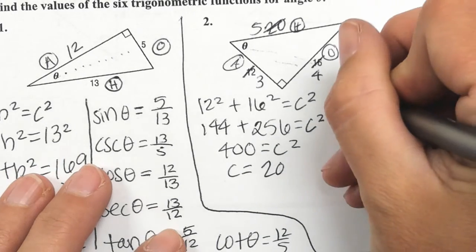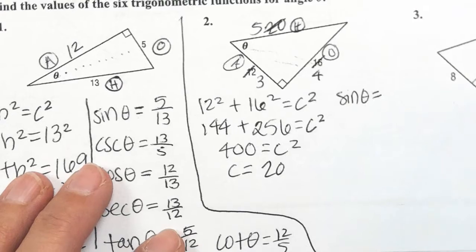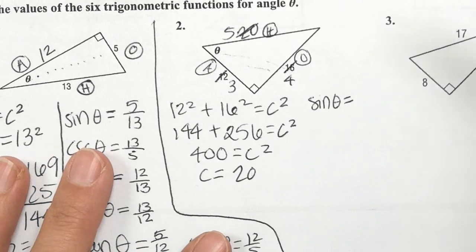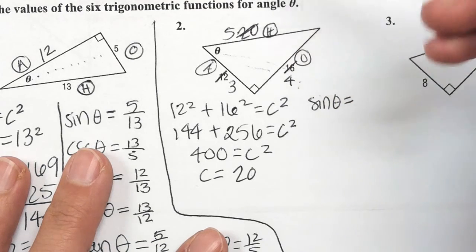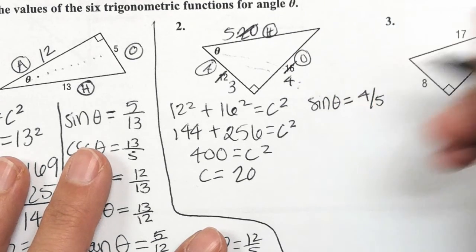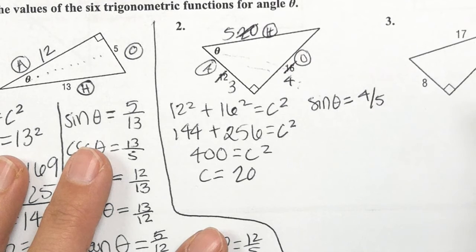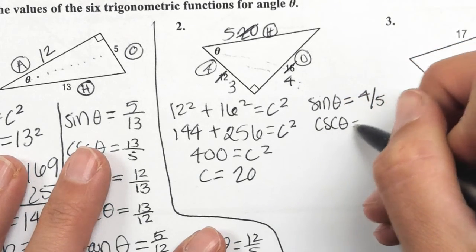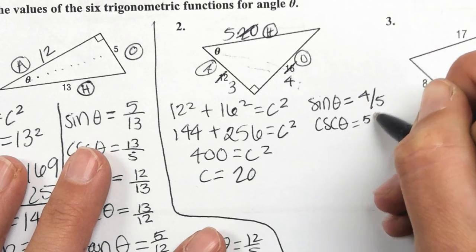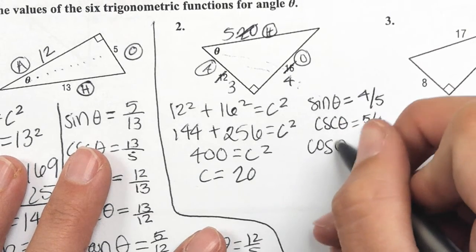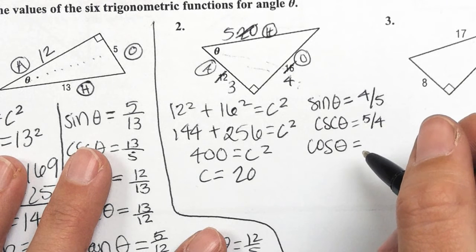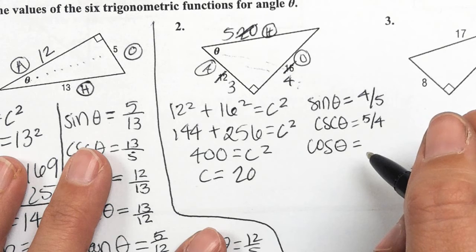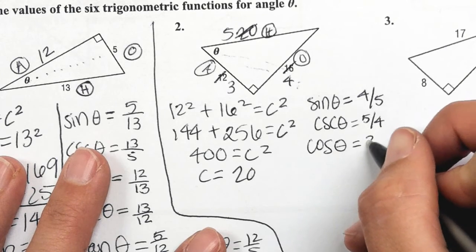Starting with sine. Sine is what over what? Good. Opposite over hypotenuse, so that's going to be 4 over 5. Alright, who is sine's boyfriend? Good. And it's going to be? Good. Cosine theta? Good. 3 over 4.